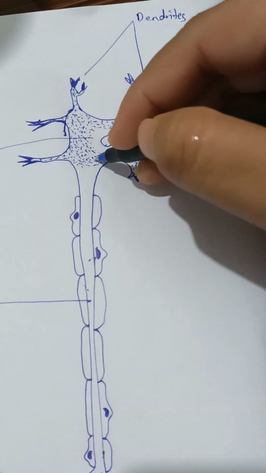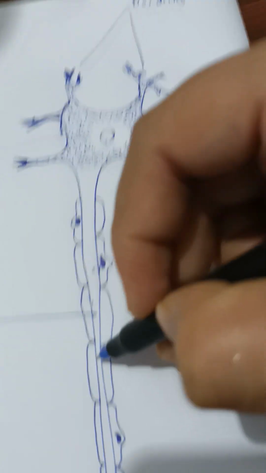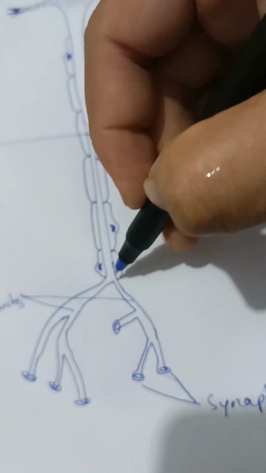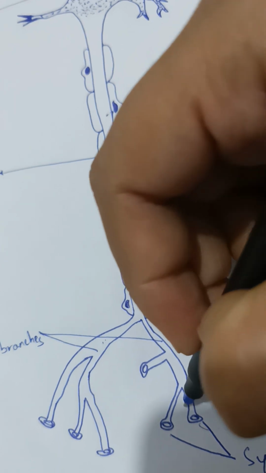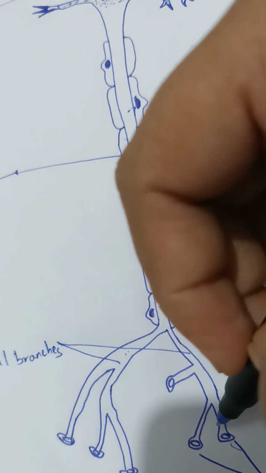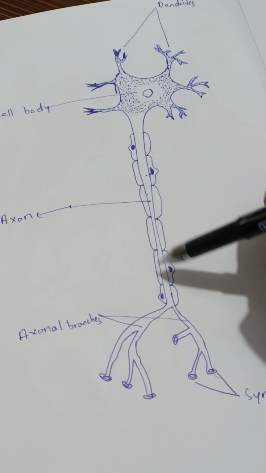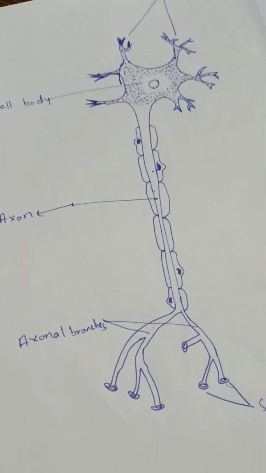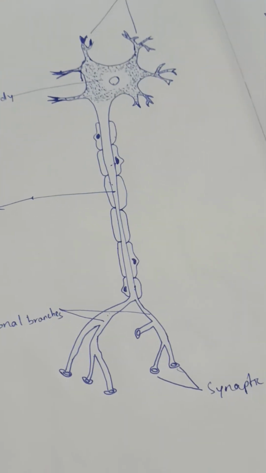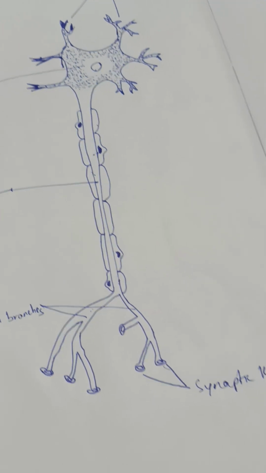Then from the cell body, the impulse is conducted through the axon, and through the axon it goes to the axon terminals, which are called the synaptic knob. We will discuss these parts later, but let's see first how an impulse is transmitted to another neuron.